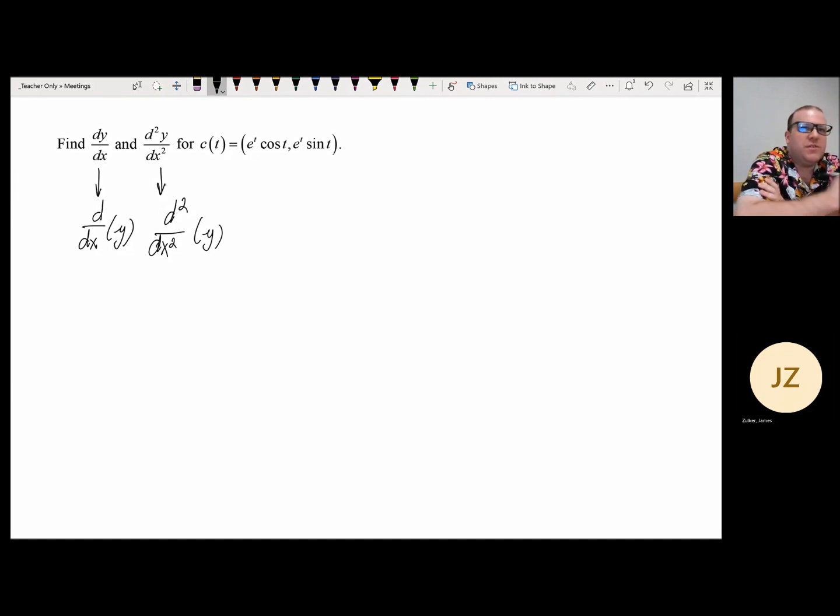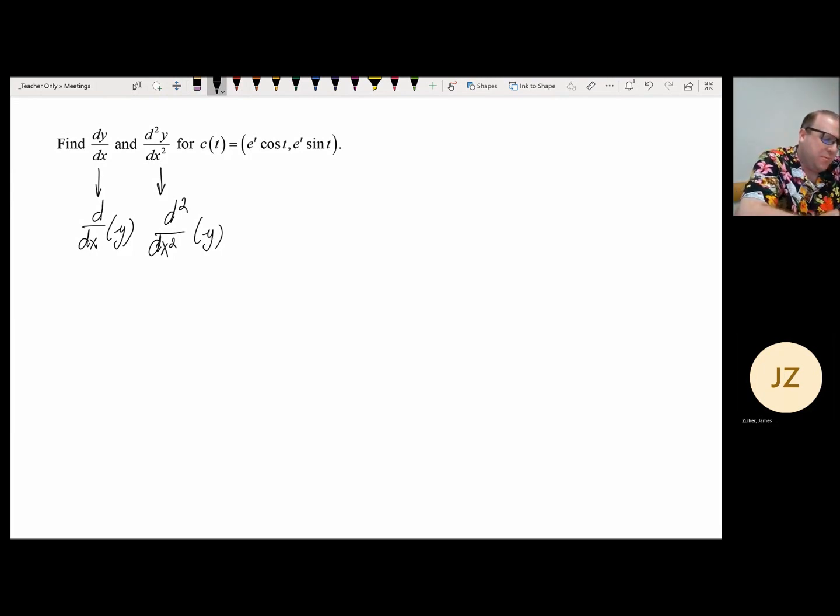That is read as second derivative with respect to x of y, right? So that d/dx is an operator. The d squared dx squared is an operator. Specifically, it's the second differential operator. We just write it in the numerator to save space. Looks cleaner. But this is technically what it is.